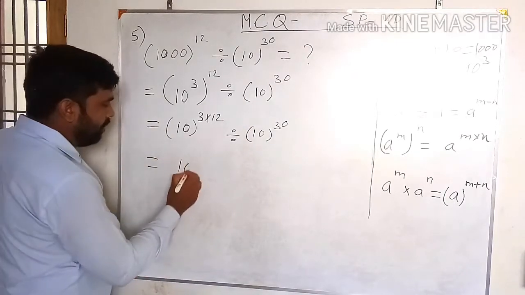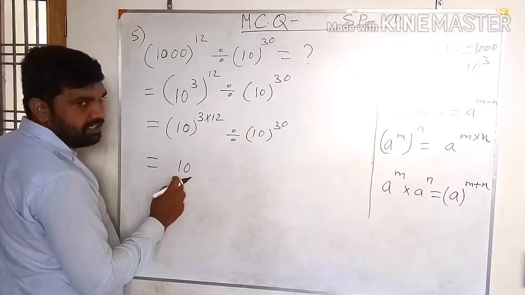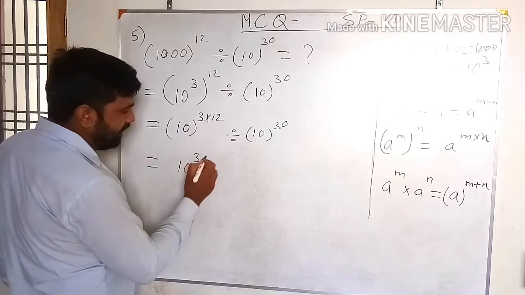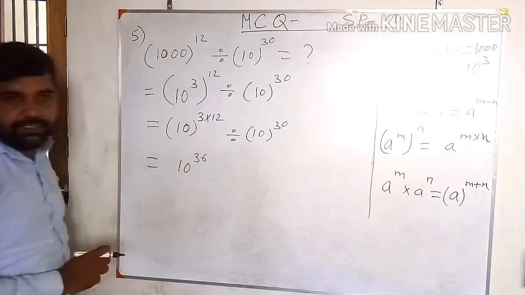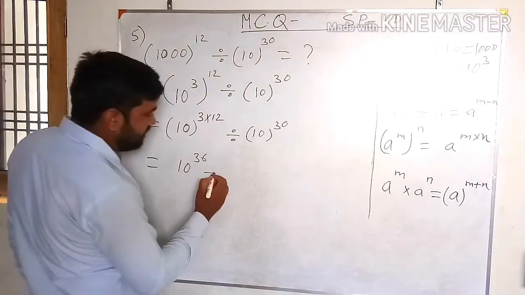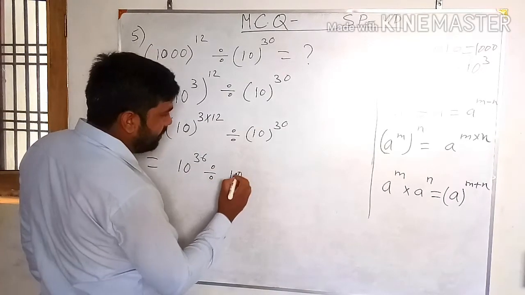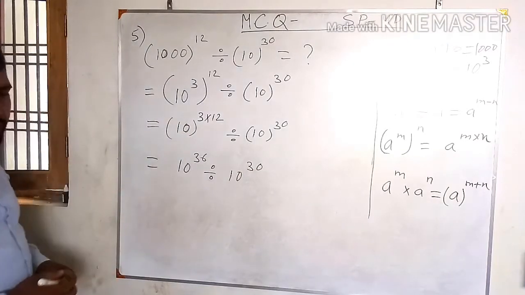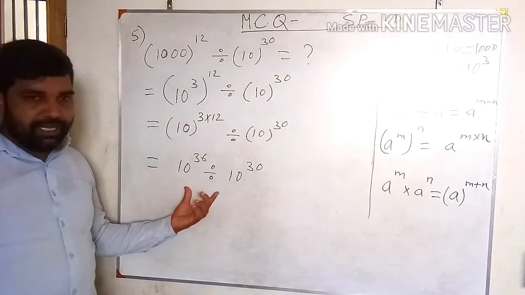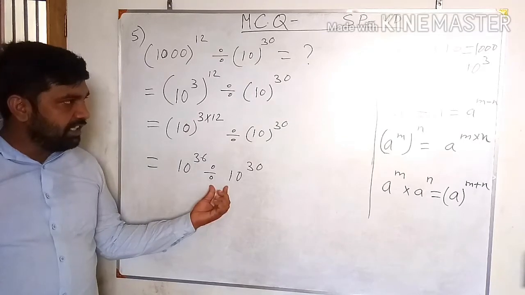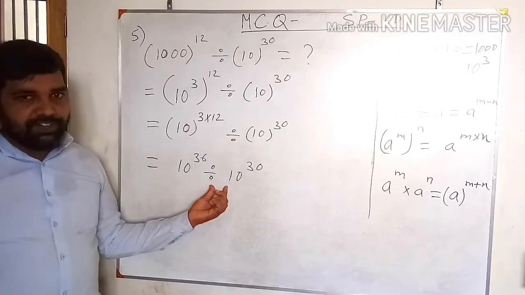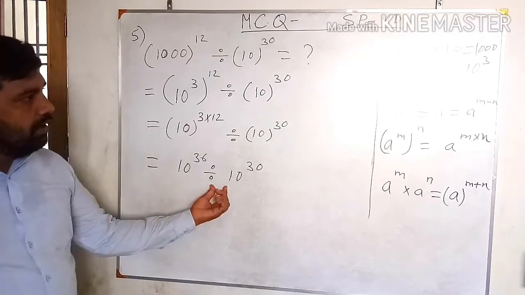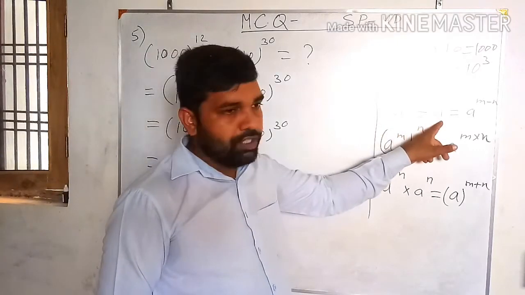Now what value do we get? 3 twelves are 36. When you multiply 3 with 12, you get the product 36. So 10 to the power 36 divided by 10 to the power 30. Now we apply the quotient law, since both exponents have the same base and are divided by each other. a to the power m divided by a to the power n gives a to the power m minus n.